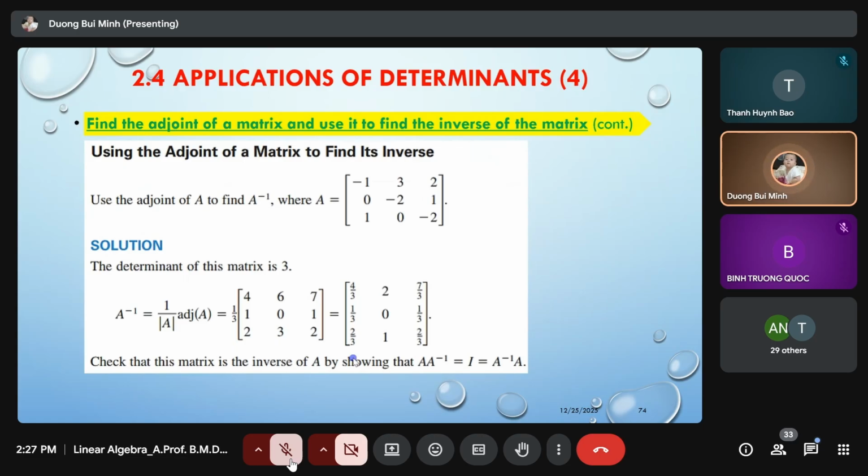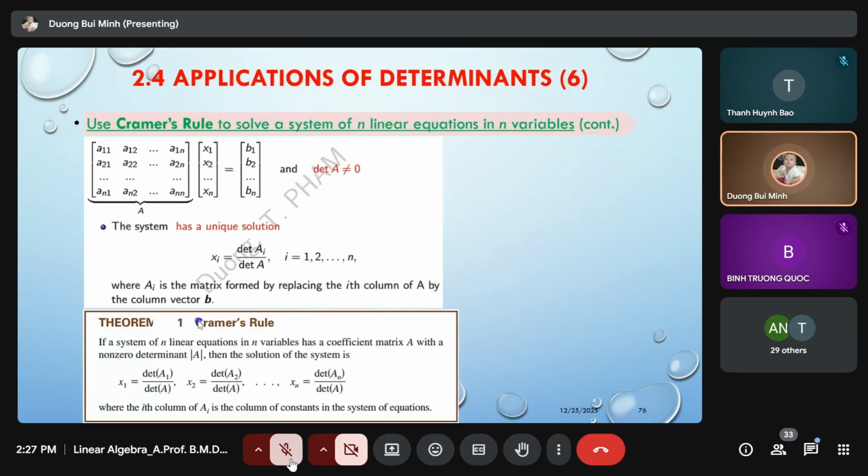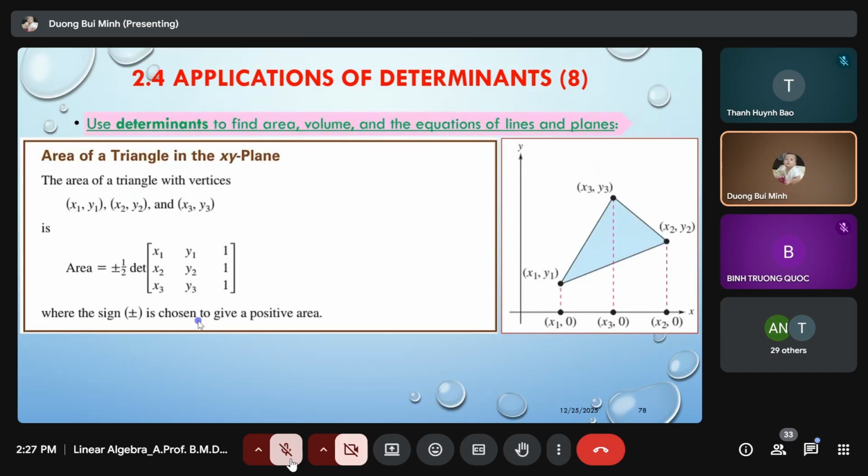We studied that before, right? The inverse of A is 1 over determinant of A times the adjoint, the cofactors transpose. Cramer's rule we already know. And then we talk about using determinants to find the areas, the volumes, and the equations of lines or planes.